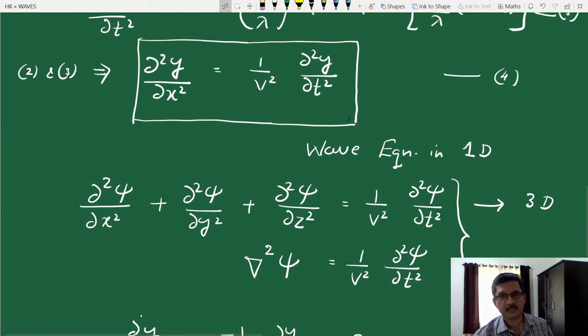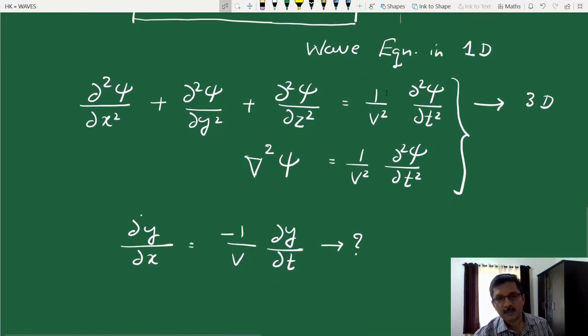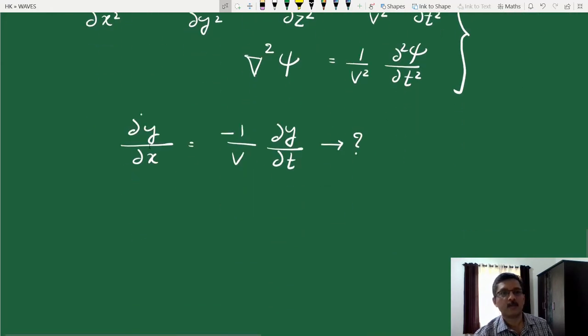So the structure of equation 4 is independent of whether the wave is traveling along any particular direction. Whereas this equation, ∂y/∂x equal to minus 1 by v ∂y/∂t, is satisfied only by a wave traveling along plus x direction.